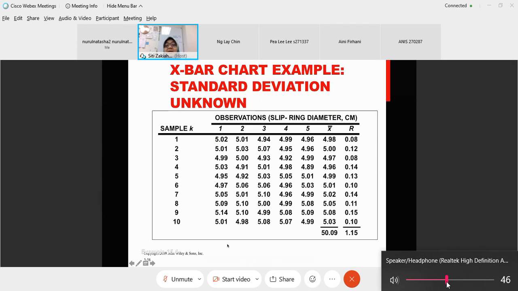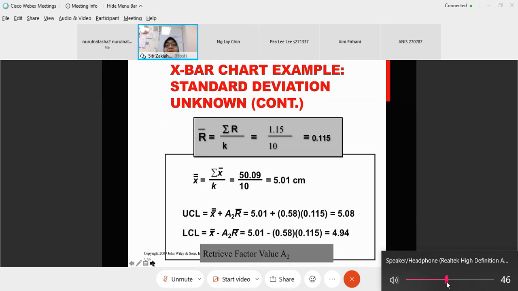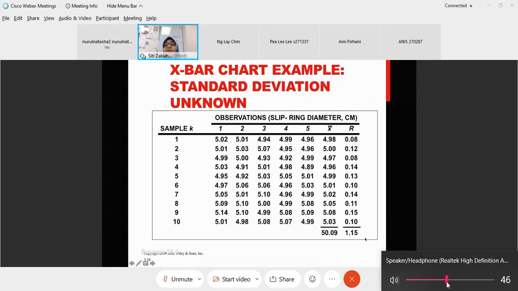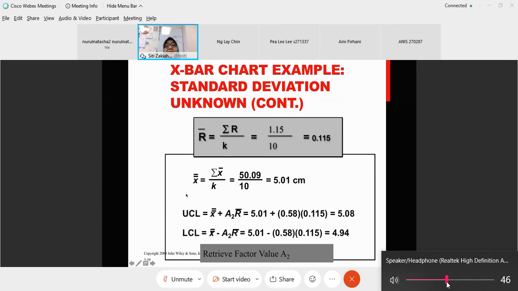Say they make 10. So K is 10, summation of R is 1.15. Remember this figure? Summation of R. Right? To get R bar, you put summation of R divided by K, which is you get 0.115. Right? Okay. Got it, let it all sink in.